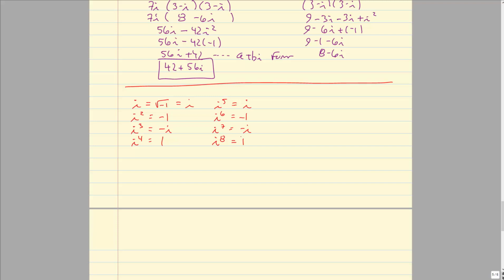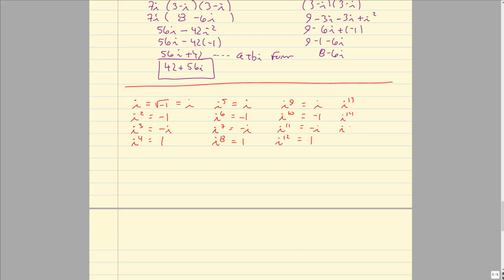So you're going to see this whole trend start over again now. i to the ninth, i to the 10th, i to the 11th, i to the 12th. And it's going to return again, the same exact pattern. i to the 13th, i to the 14th, 15th, and 16th.